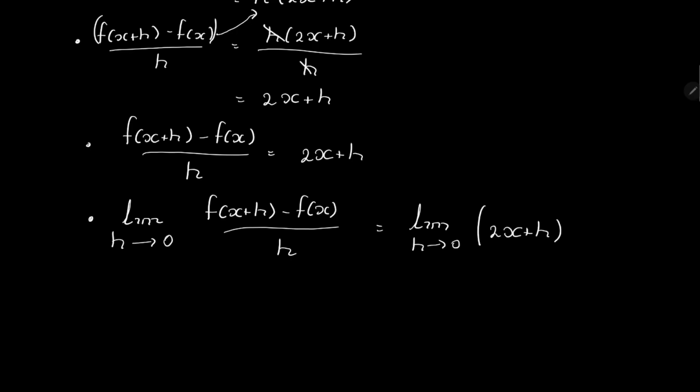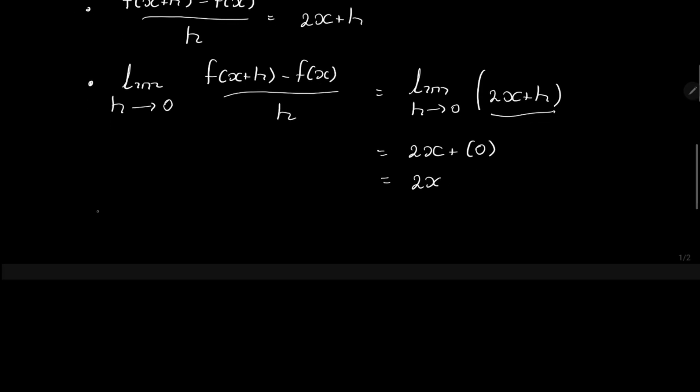So what do we mean by limits? Calculating the limit of a function as h tends to 0 boils down to replacing every h in that function with 0. So this gives us 2x plus 0, which gives us 2x.